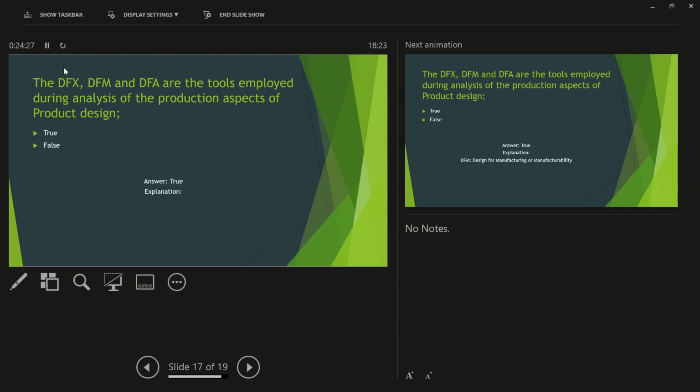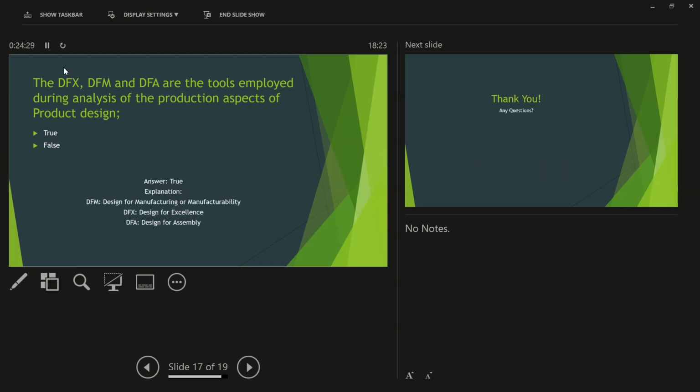So DFX is excellence. These are the core production aspects of a design. We look for all these three variables when designing our product: whether it is easily manufacturable, how excellent the product is, like durability and operability, and then the assembly part, whether it is very hard to assemble or not.